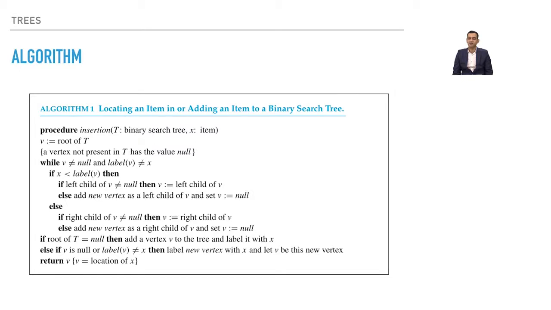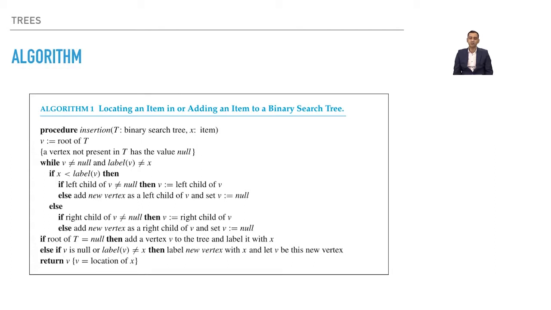And if X is greater than the key of V, we move to the right child of V and we repeat the procedure. If at any step we attempt to move to a child that is not present in the tree, we know that X is not present in the tree, and we add a new vertex as this child with X as its key.